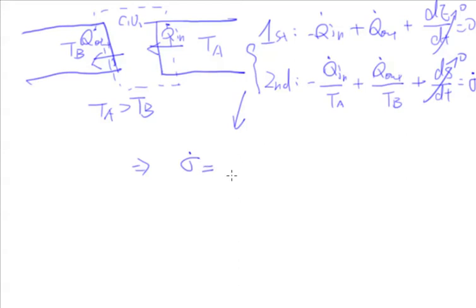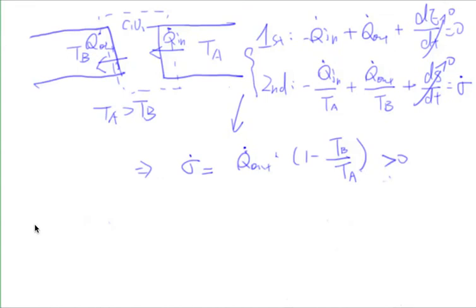Since T_A is larger than T_B and this term is always non-negative, the entropy generation is always positive for a heat conduction problem with finite temperature difference.